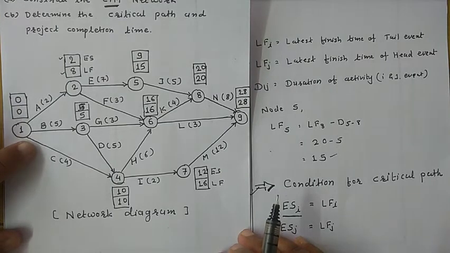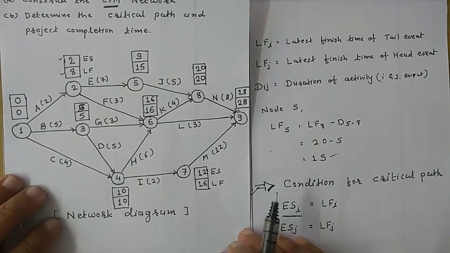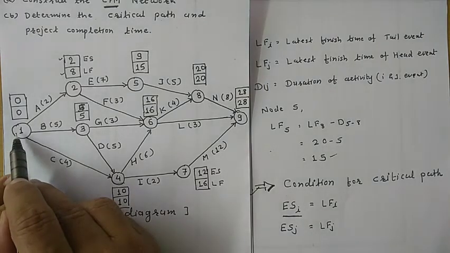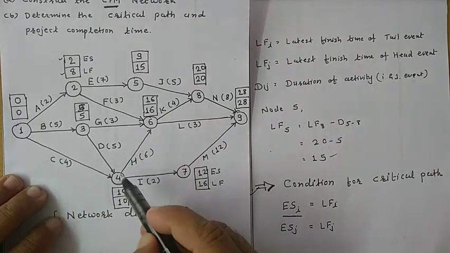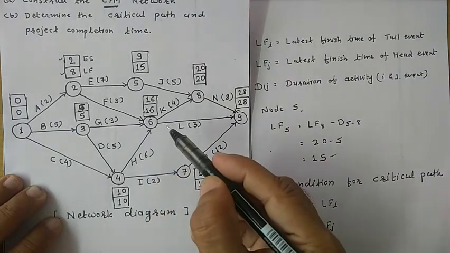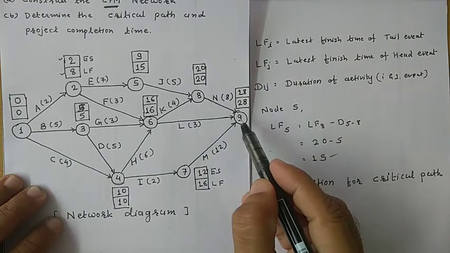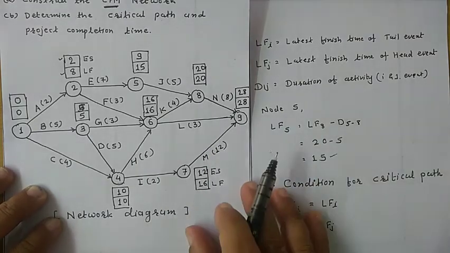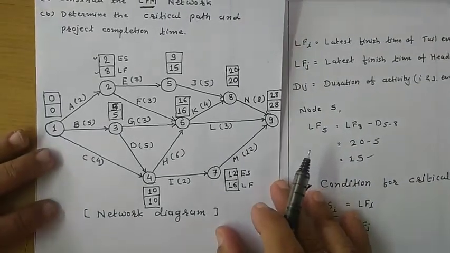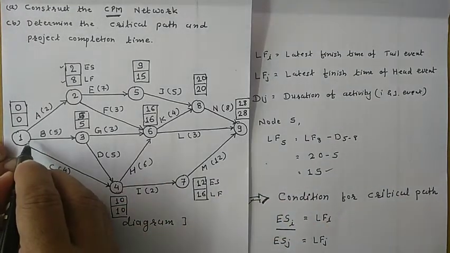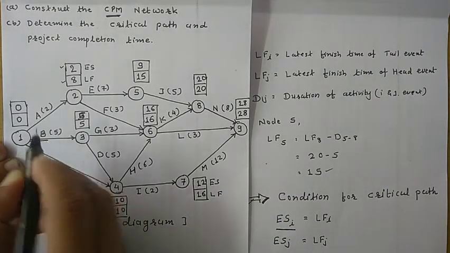So draw a thick line to represent the critical path. From 1 to 3, 3 to 4, 4 to 6, 6 to 8 and 8 to 9 is our critical path. You can represent the critical path by a thick line.